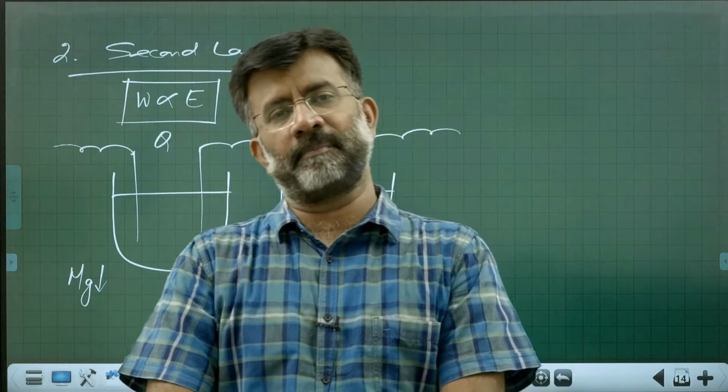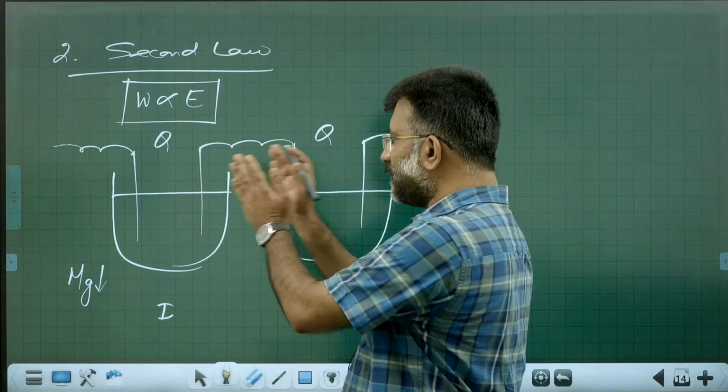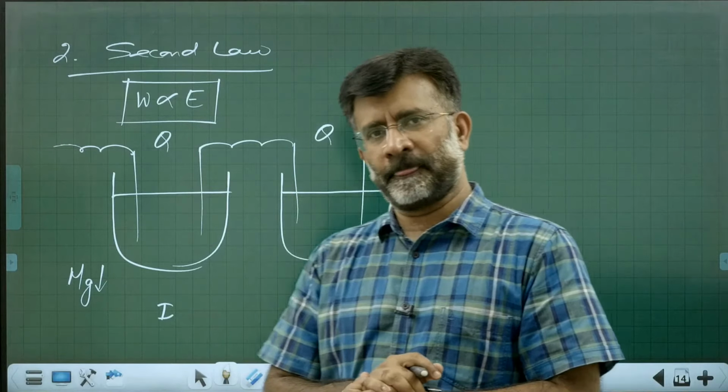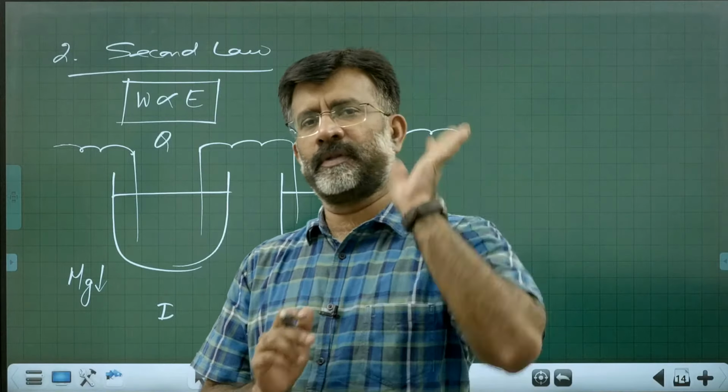Now we can apply Faraday's law. Faraday's law states that when the same quantity of electricity passes through two electrochemical cells, the amount of material deposited will be directly proportional to their equivalent mass.